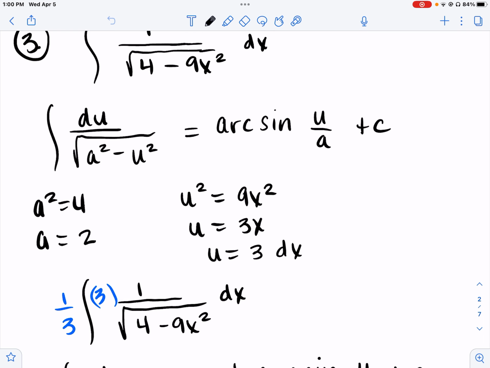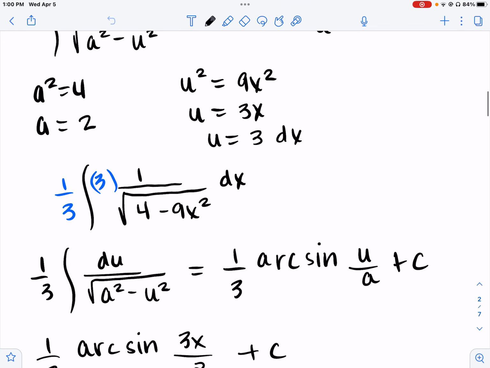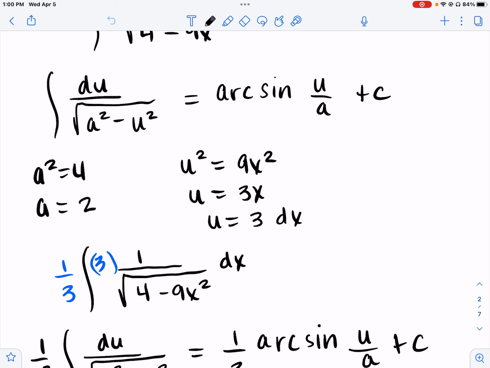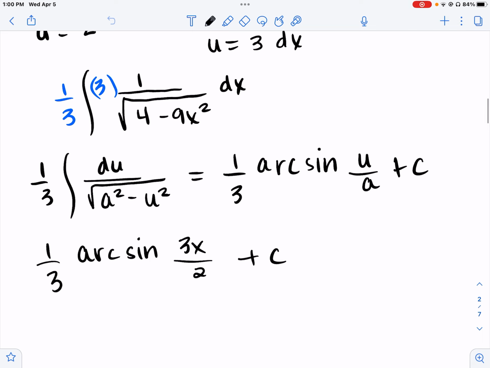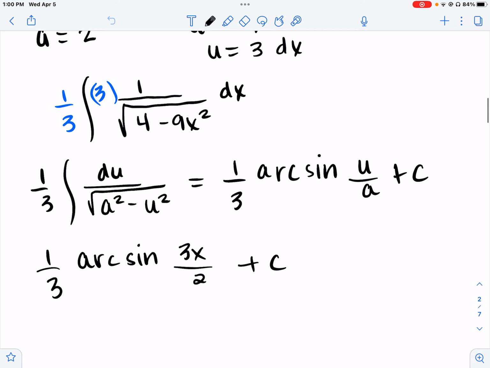So 3 dx will be our du. We've got a squared minus u squared. And the integral of this is arc sine of u over a. So that's going to be 1/3 arc sine of 3x over 2.